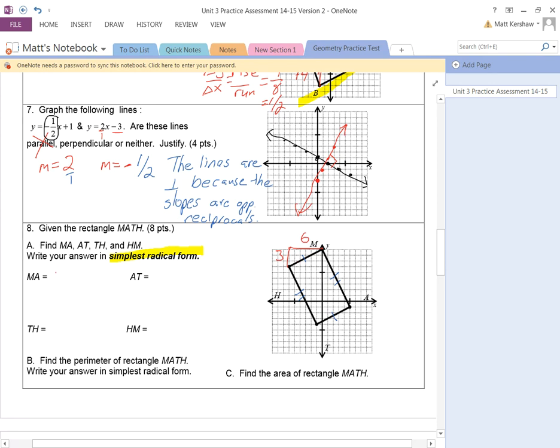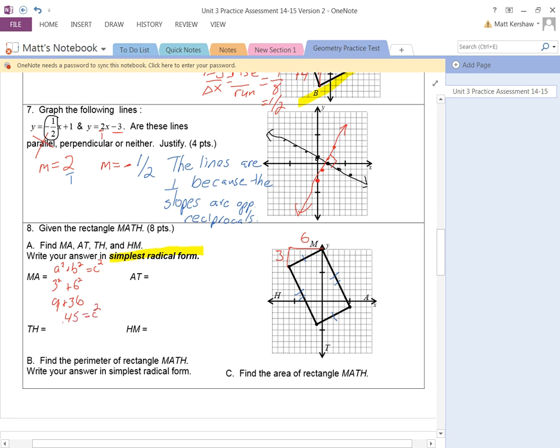So it's going to be A squared plus B squared equals C squared. So when I plug the 3 in, 6 in, I get 9 plus 36, and 9 plus 36 is 45 equals C squared.